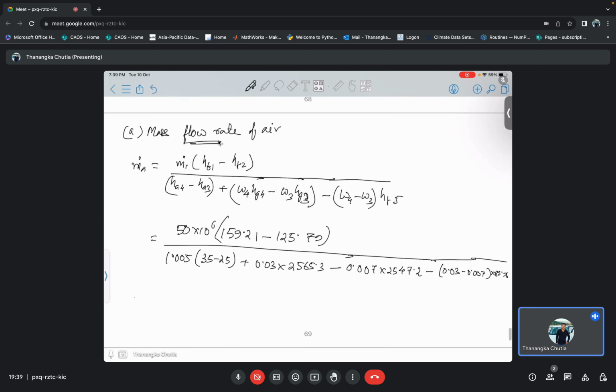You put all these values, you will get ma dot is equal to 2.4 into 10 to the power 6 kg per hour.